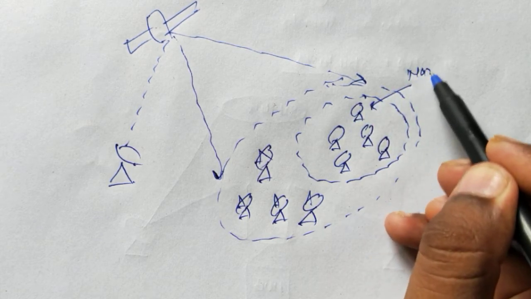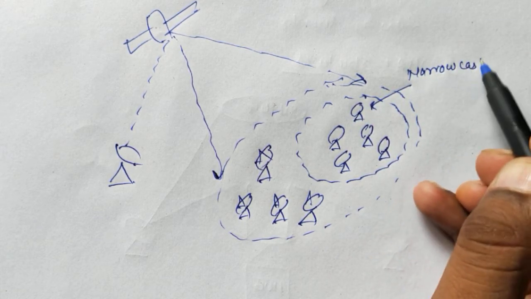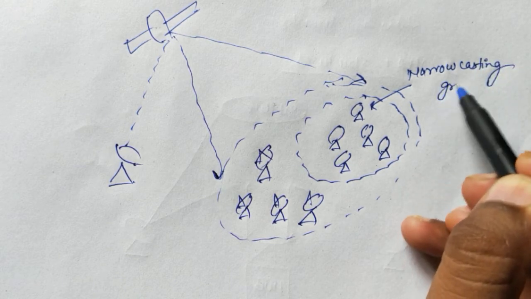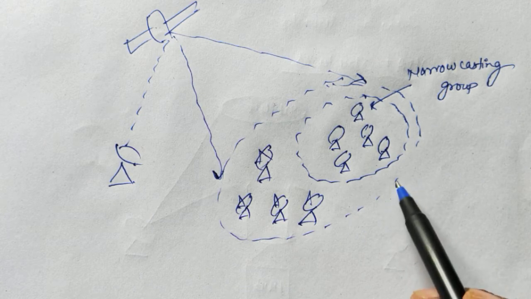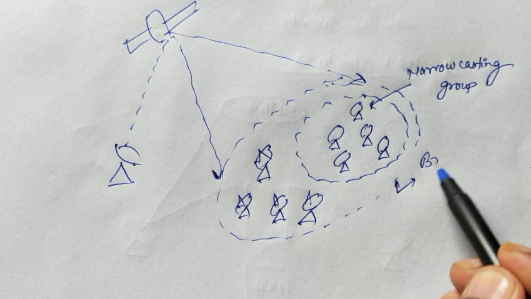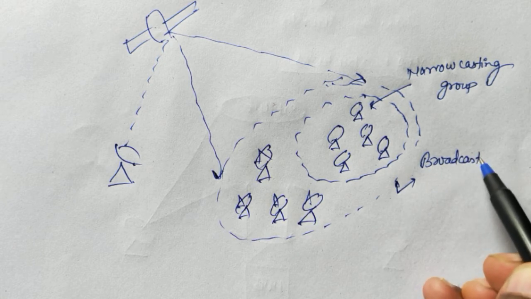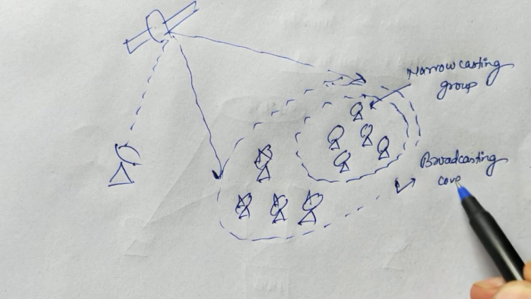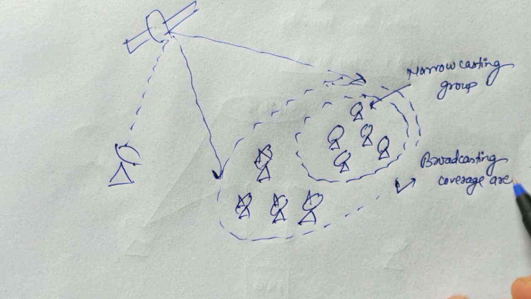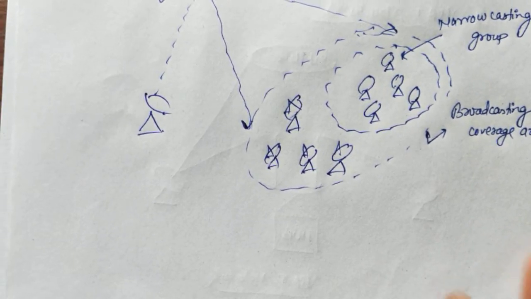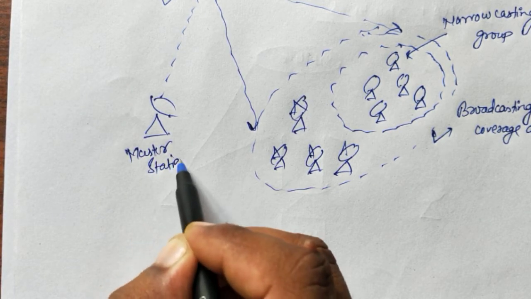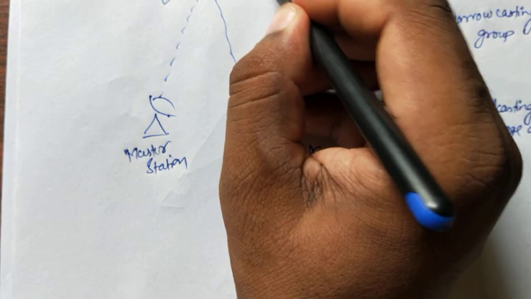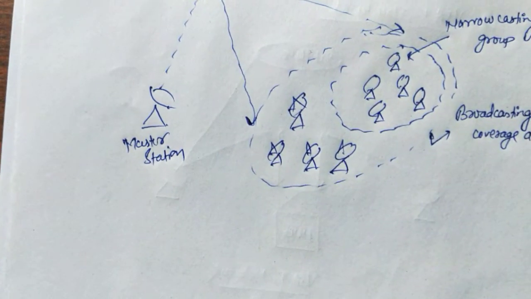This is the narrowcasting group. This is the broadcasting coverage area. This is the master station, and this is the satellite. So this is the one-way implementation mode.